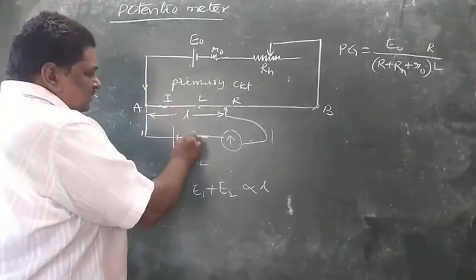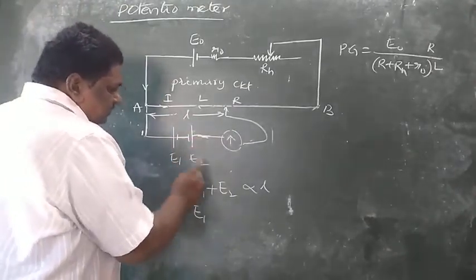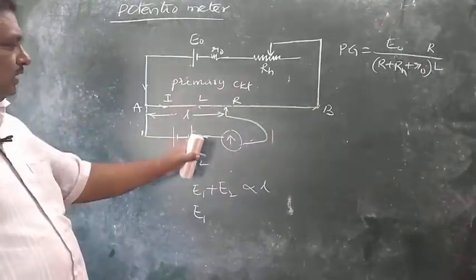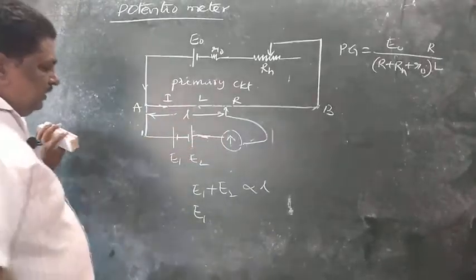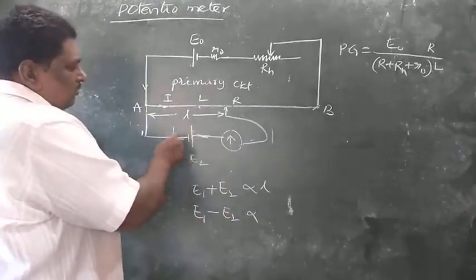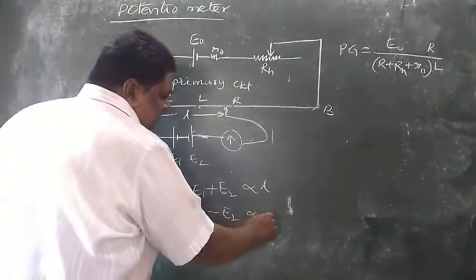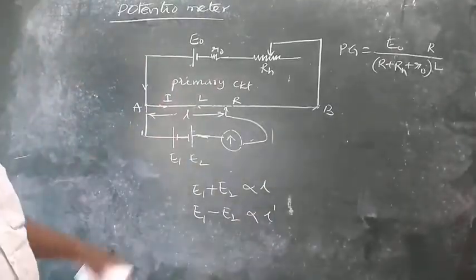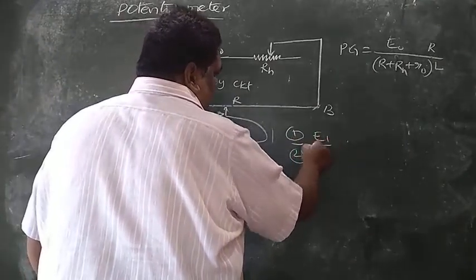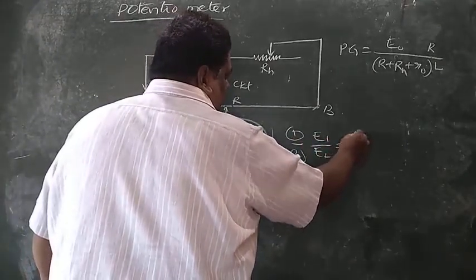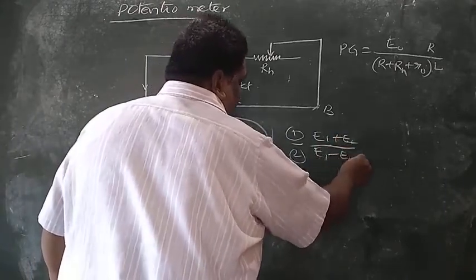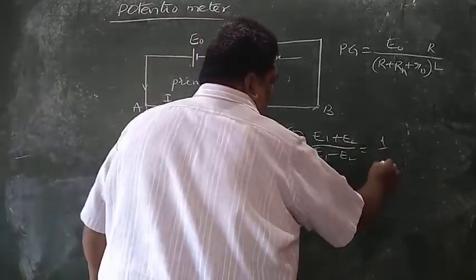Now suppose one cell is reversed, so that one opposes the current of the other. Say E1 is the higher value, so current circulates in its direction. Therefore E1 minus E2 is proportional to L dash, the balance length found in the experiment. Taking the ratio, E1 plus E2 by E1 minus E2 is equal to L by L dash.